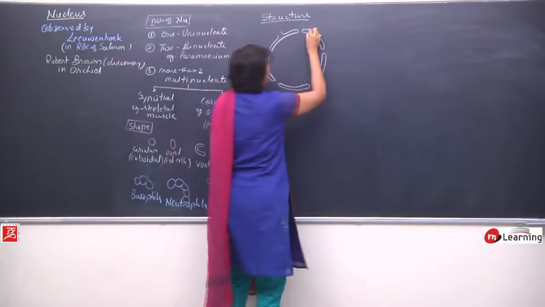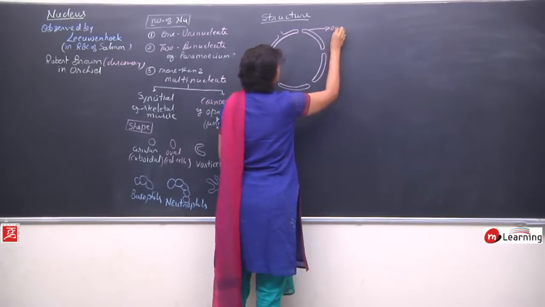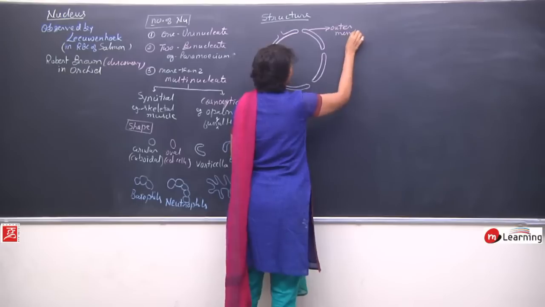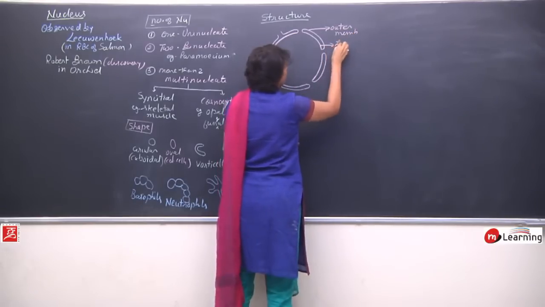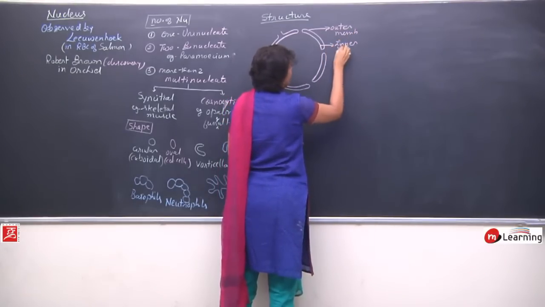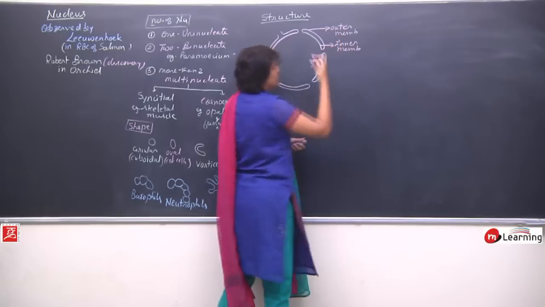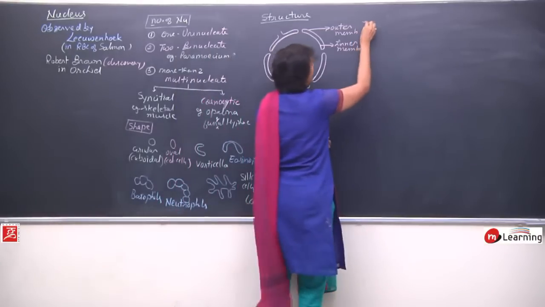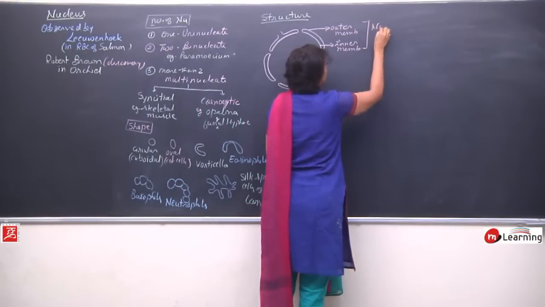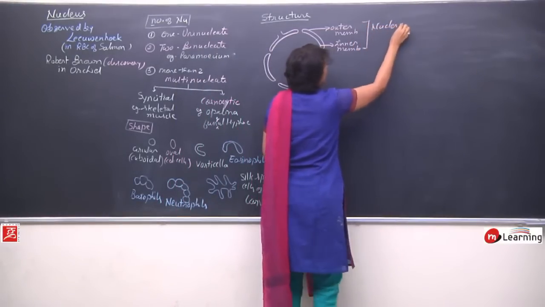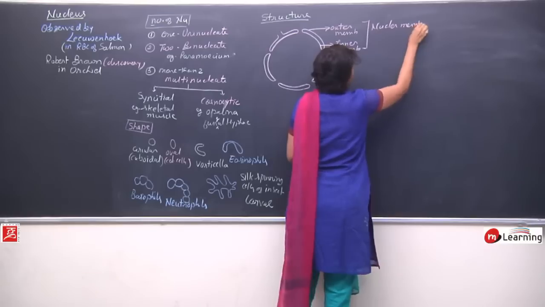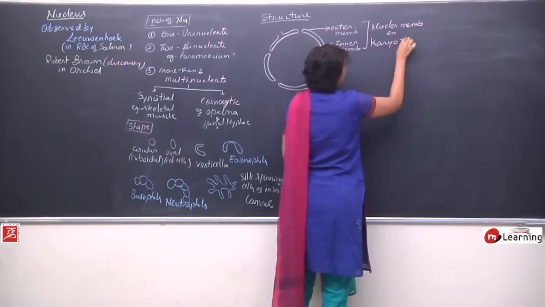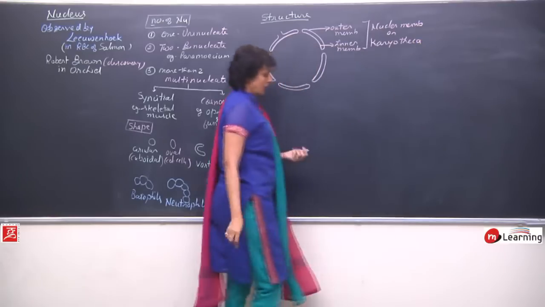Two membranes, the outer and inner membrane, together they make nuclear membrane or karyotheca.